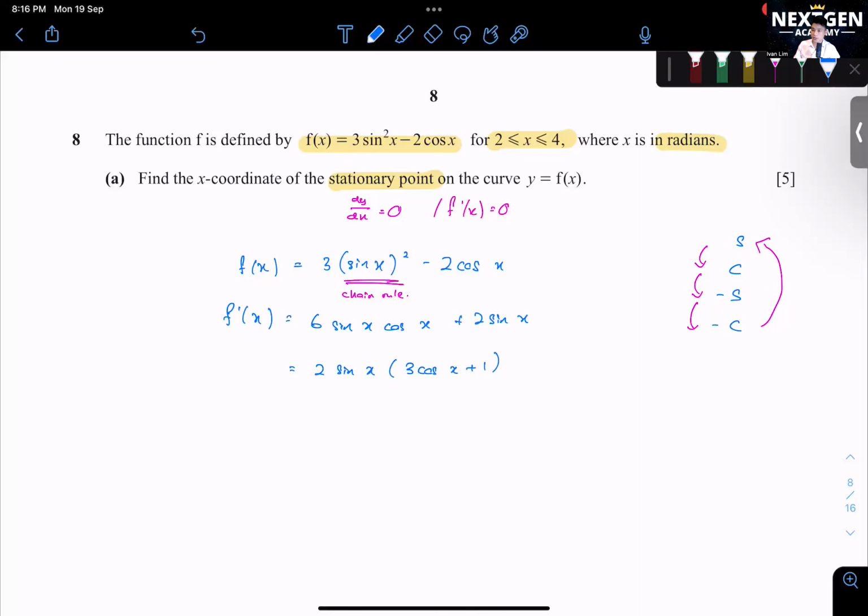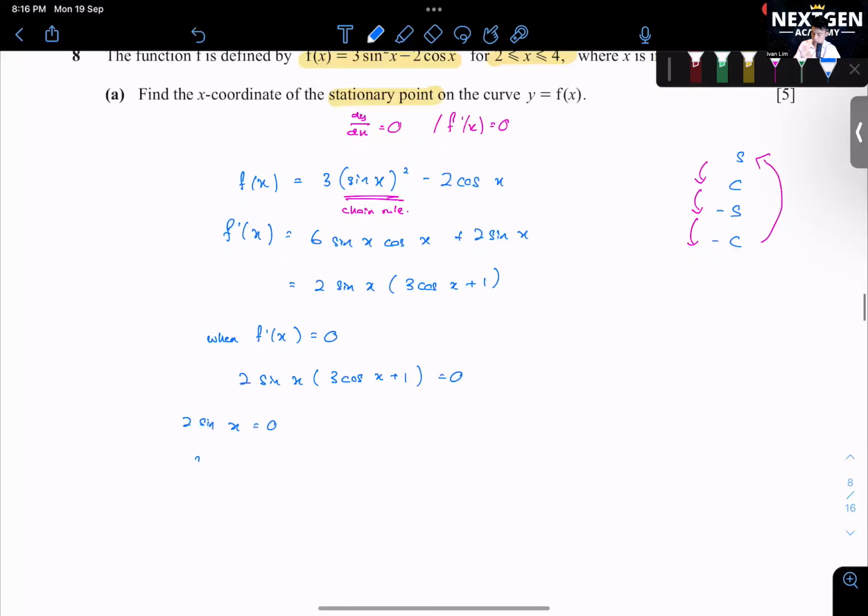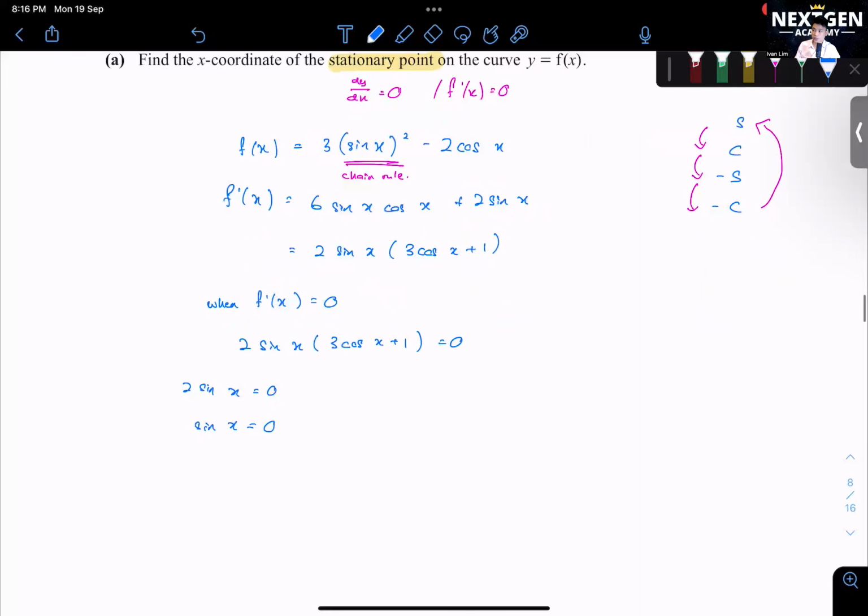So I want to find the stationary point. Stationary point when f prime x equals 0. So 2 sine x, 3 cos x plus 1 equals 0. Go and solve this. So 2 sine x equals 0, sine x equals 0.